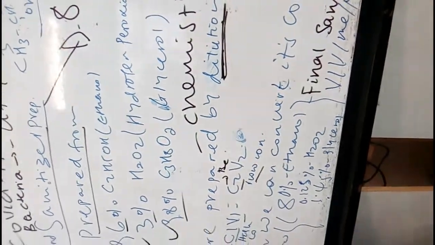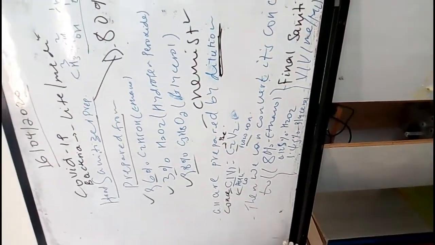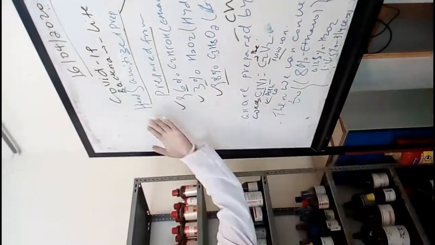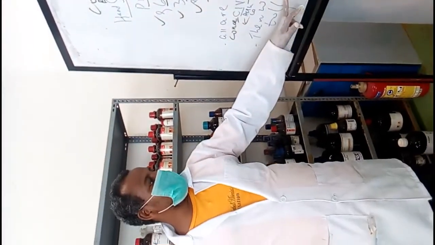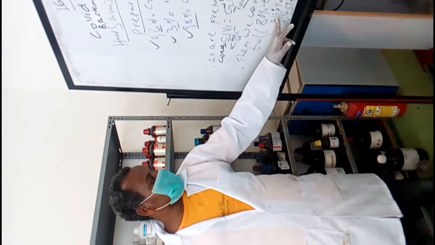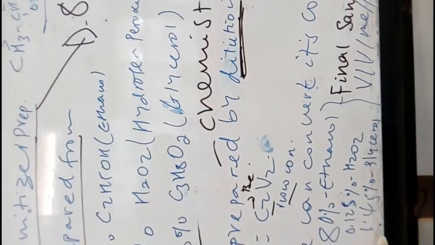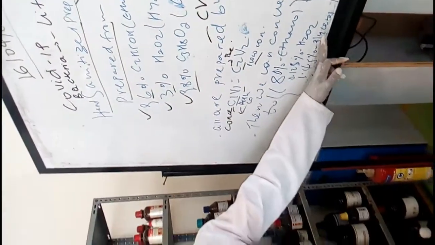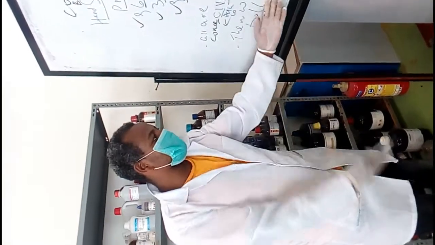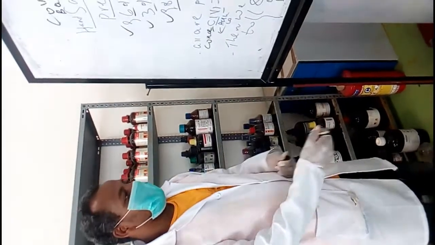So from this, when we convert all the concentrations, the constituents of the hand sanitizer are approximately 80% ethanol, 0.125% hydrogen peroxide, and 1.45% glycerol. When you observe these, the percentage of each is obtained by dilution.